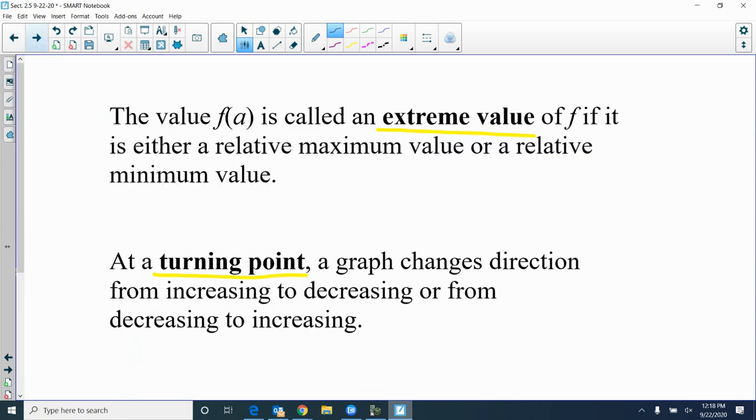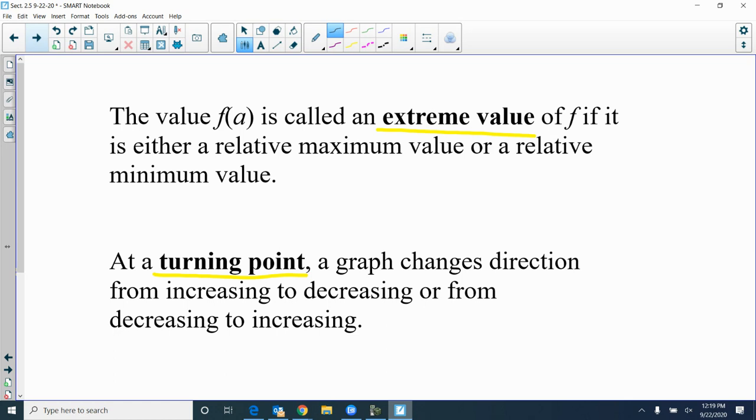We can also call it an extreme value. Basically extreme value is either relative max or relative min. And then another label is a turning point. It's going to change from increasing to decreasing or decreasing to increasing. So you get your turning points, you get your extreme values for them.